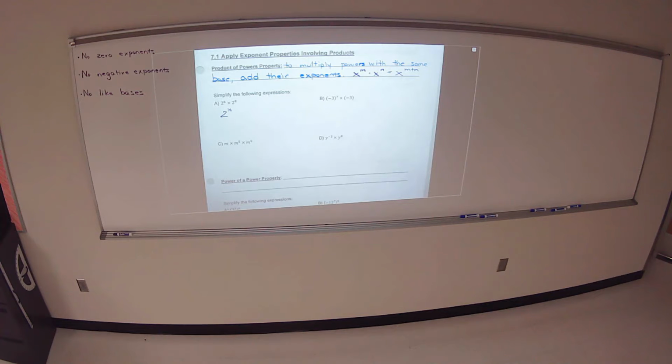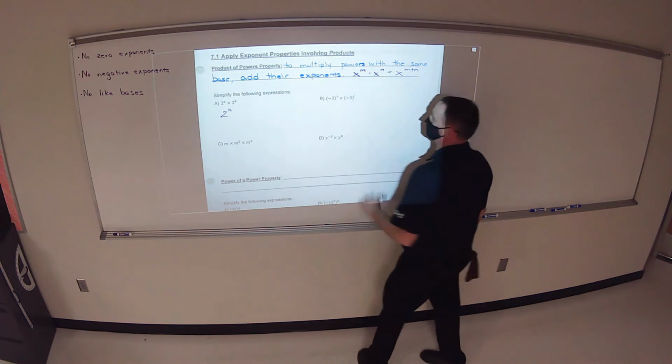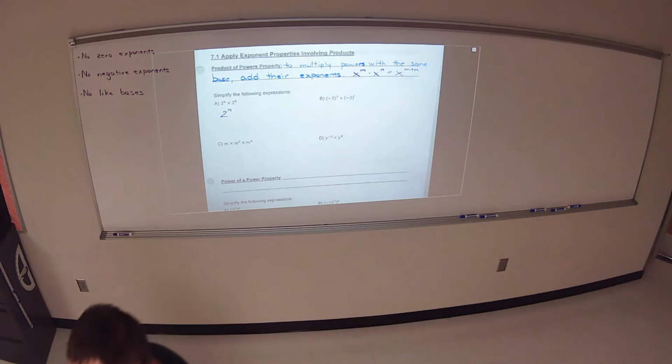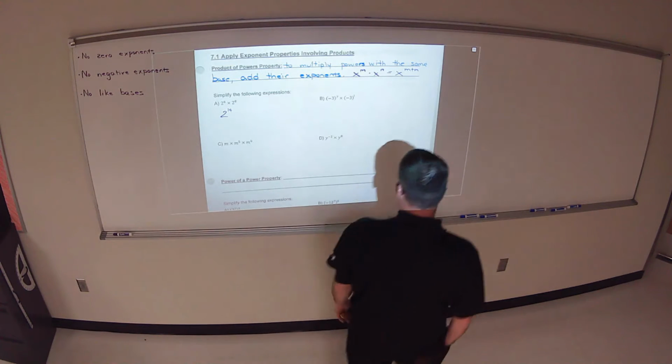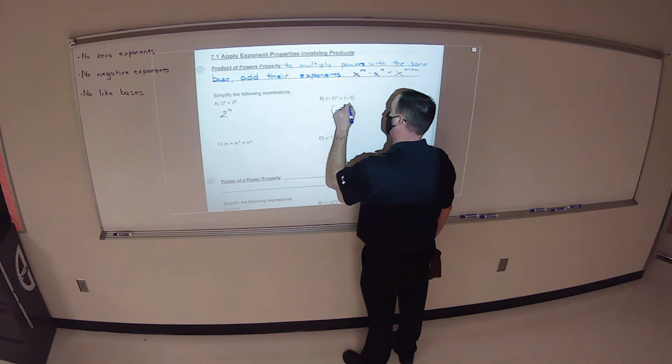Well, it's not a 0. What is that second exponent? It's a 1. So if you need to, and this is sometimes a habit that students get into that's actually not a bad one, put that 1 there. So if I take negative 3 to the 7th power and I multiply that by negative 3 to the 1st power, this should become negative 3 to the 8th power.